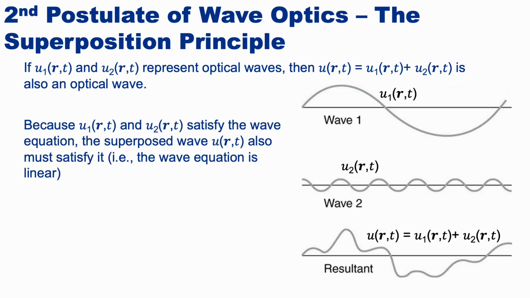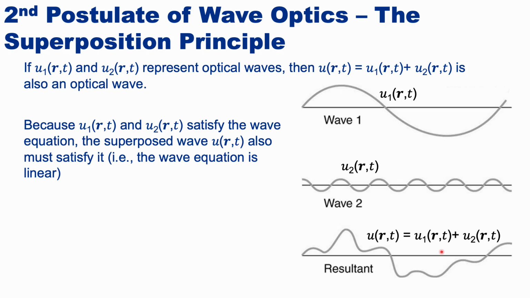The second postulate in wave optics is about superposition. Let's assume that you have two waves with two different wave functions that meet in the same space and at the same time. We talk about a resultant wave function that is the summation of both of them.